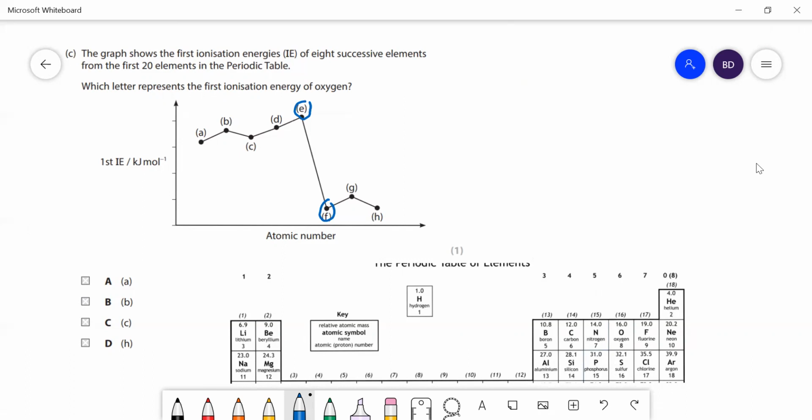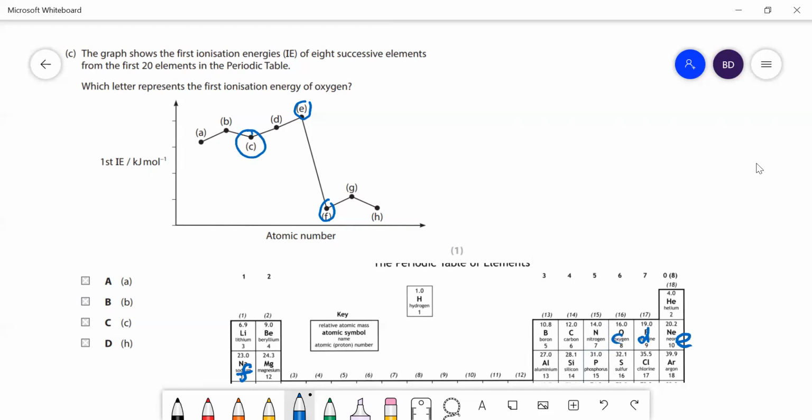So I would imagine that is when you're going from neon. So E would be neon, and then sodium would be F. So neon is coming from the second quantum shell, sodium from the third. And so if we count back, neon E, that's D, C would be oxygen.